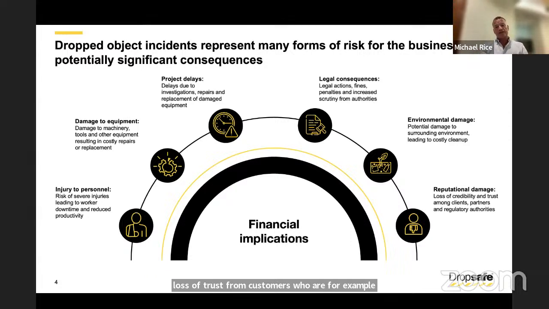All of these, I think, we can sum up by saying it is primarily financial implications, which we're trying to avoid, that are the main driving force behind why we want to prevent dropped objects.